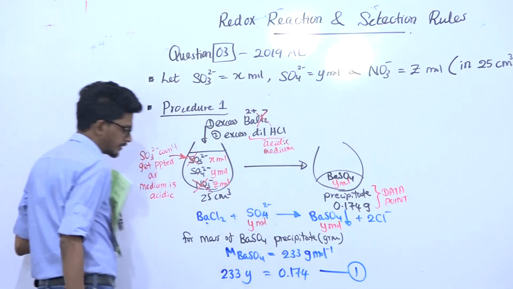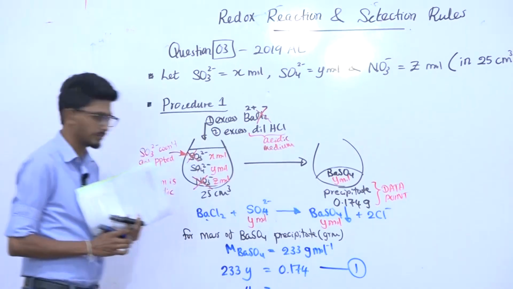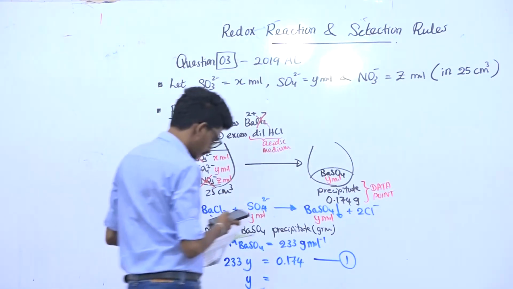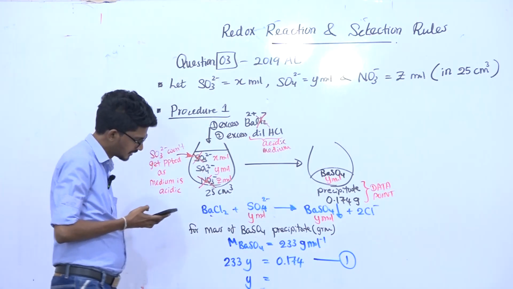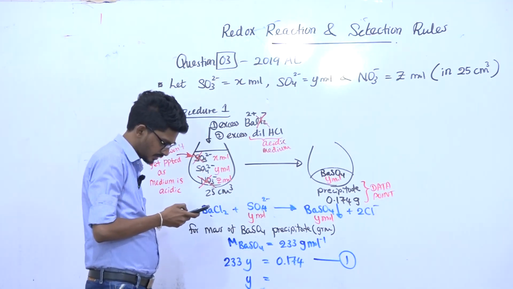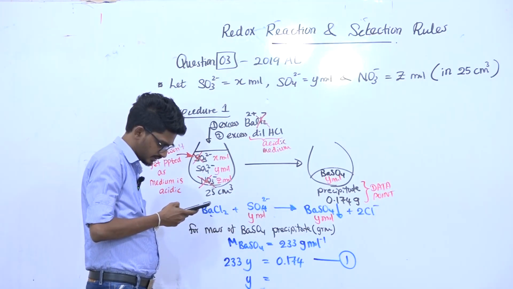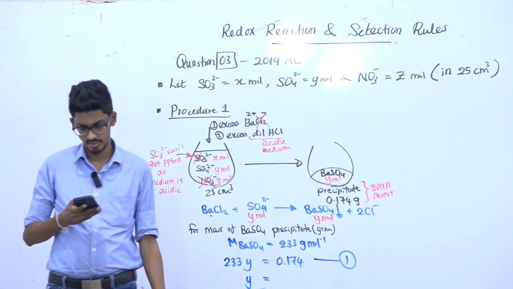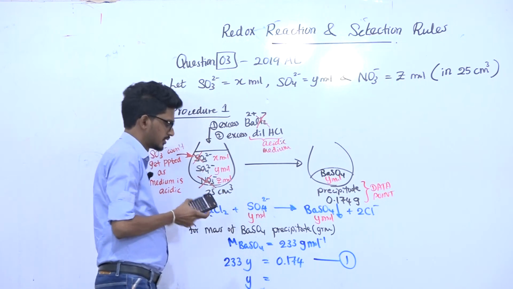With this you can obtain the y. 0.174 divided by 233 is about 7.5 times 10 to the power minus 4.